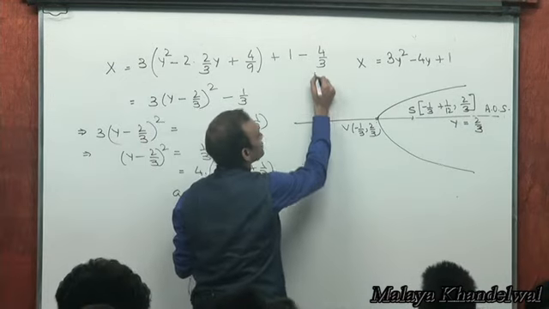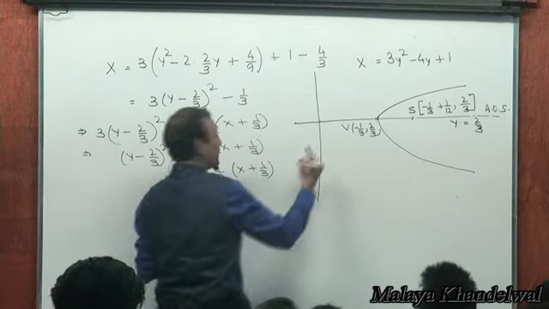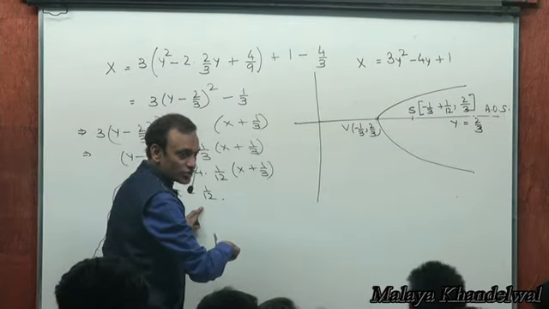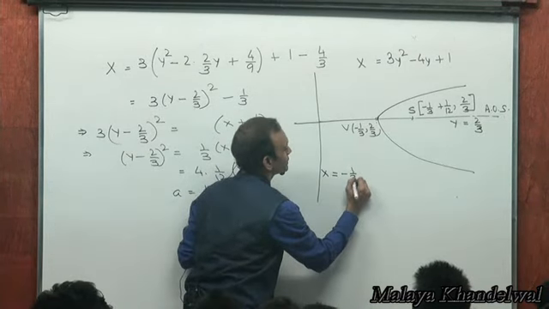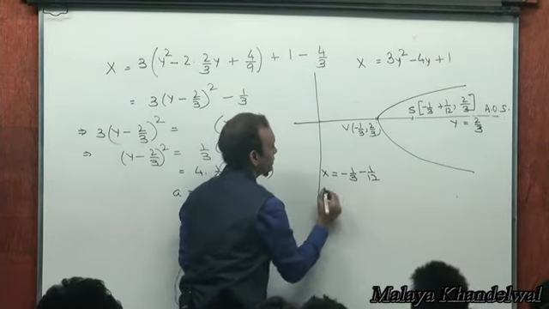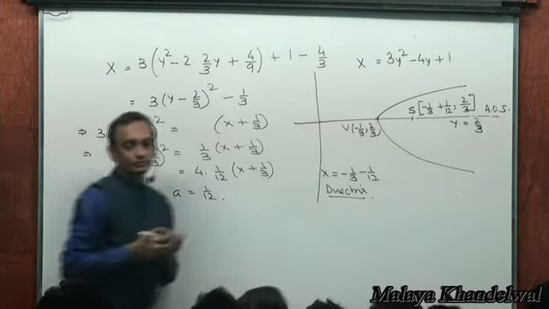The directrix is 1 by 12 units away from the vertex in this direction, right? So, x would be minus 1/3 minus 1 by 12 would be the directrix of the parabola, right?